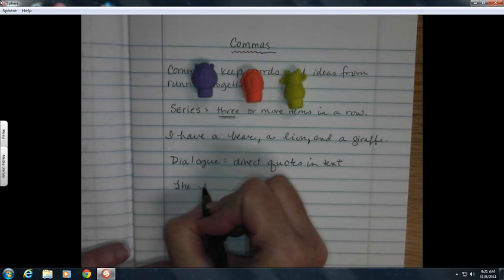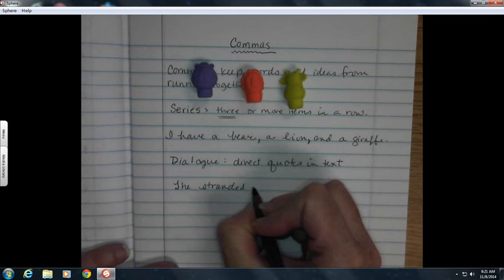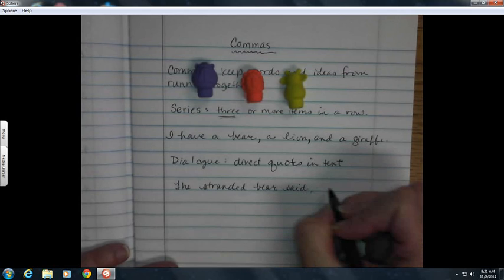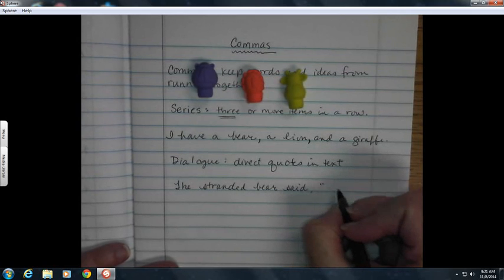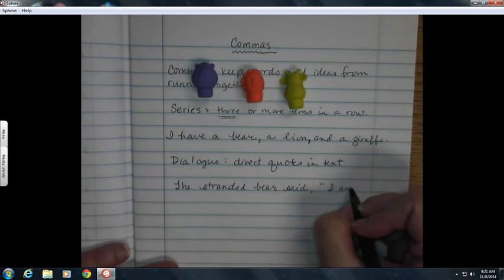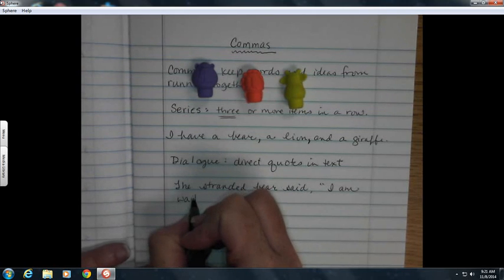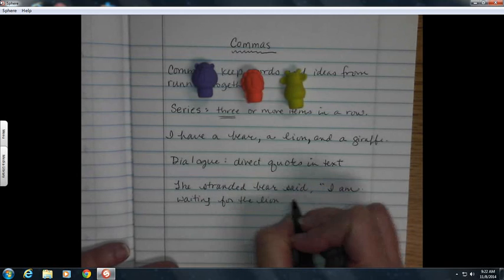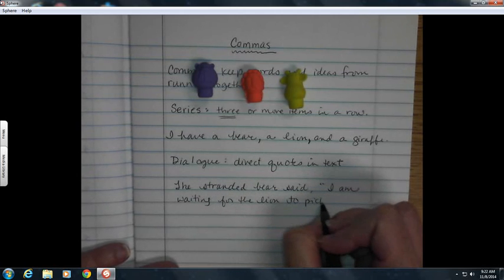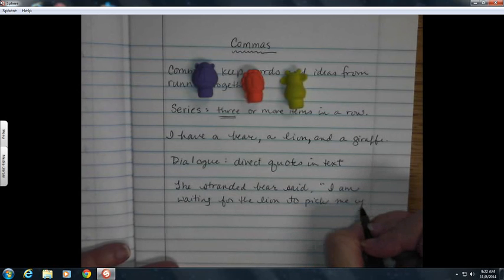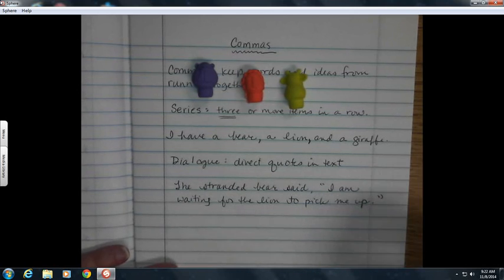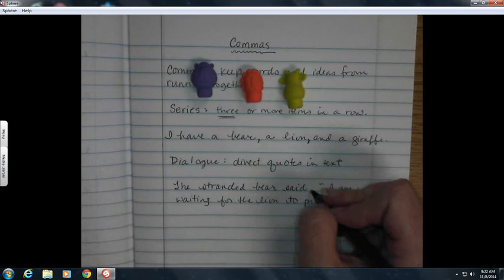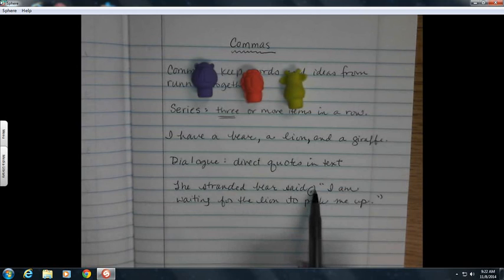The stranded bear said, comma, quote, I am waiting for the lion to pick me up, period, in quotations. The stranded bear said, comma. You'll see we have a comma here, and that's because we're using it before the open quotation marks.